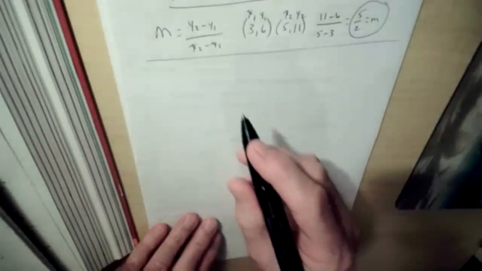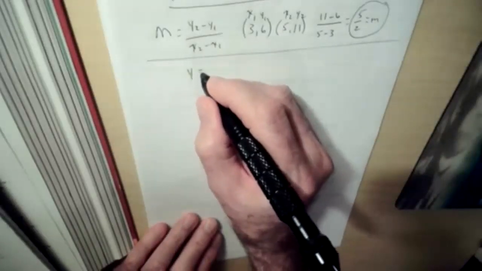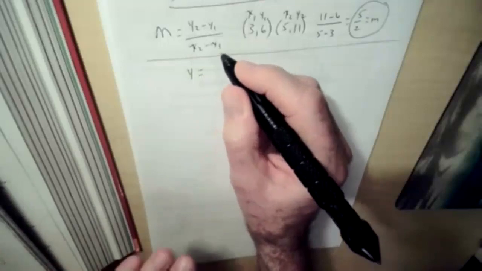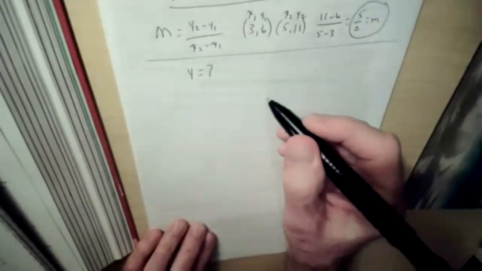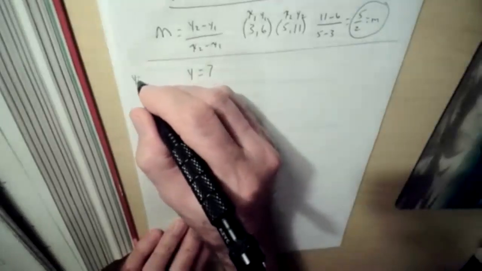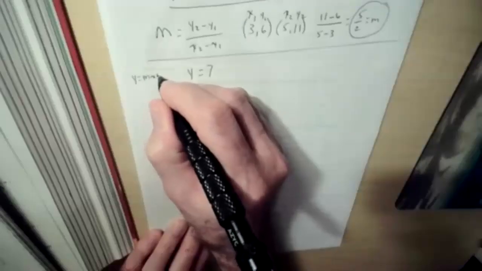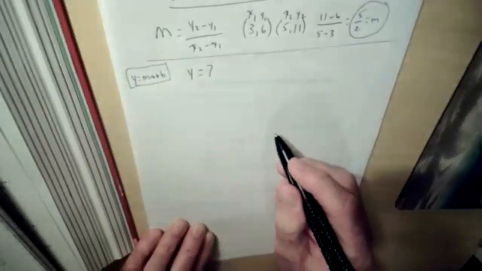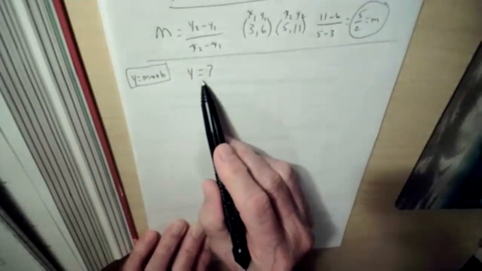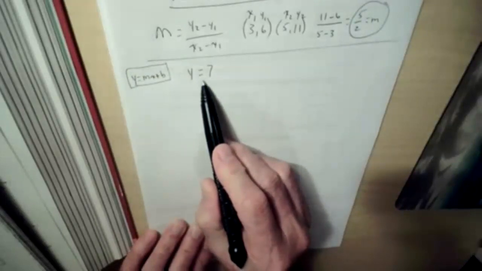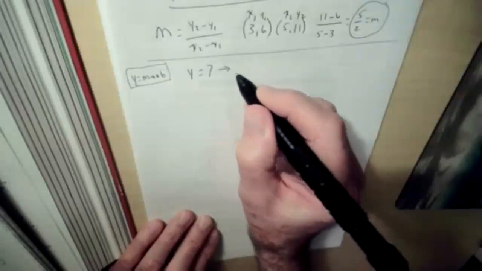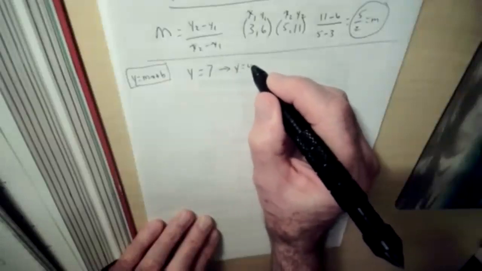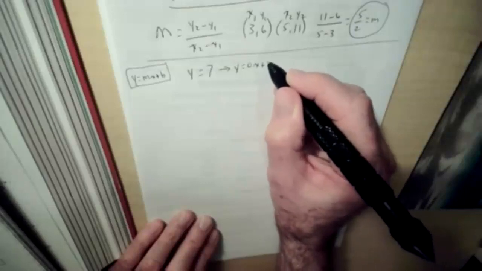Now, what if we have that y equals 7? Is this in slope-intercept form? Remember, slope-intercept form is y equals mx plus b. Is this in slope-intercept form? Yes. This is actually y equals 0x plus 7.